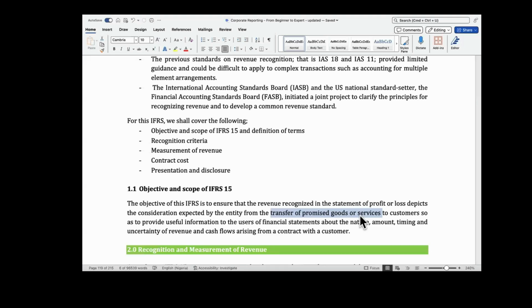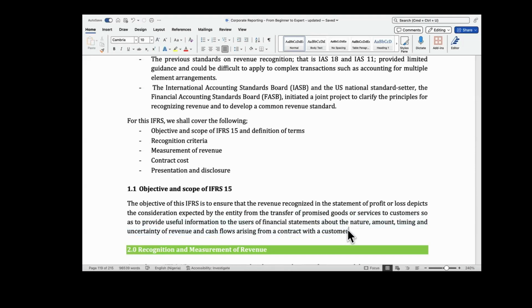When you do that, you provide useful information to users about the nature, the amount, the timing, and the uncertainty of revenue and cash flows arising from a contract.